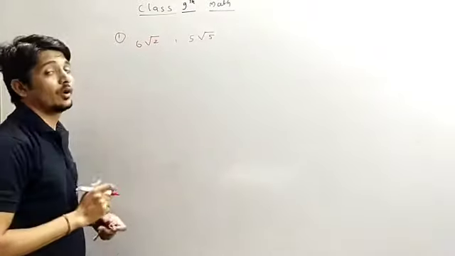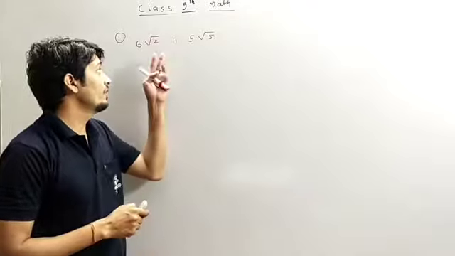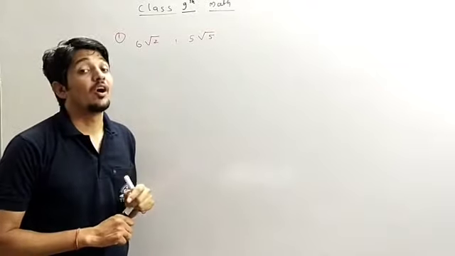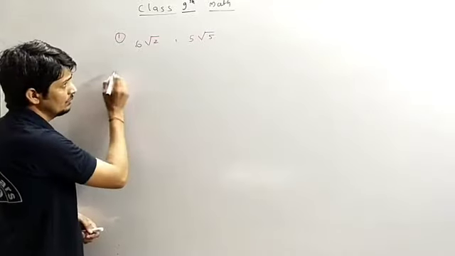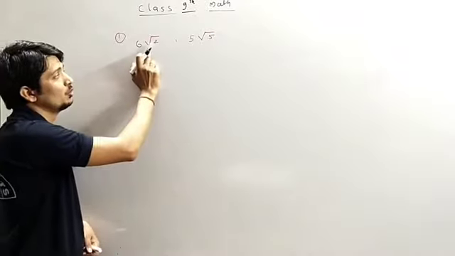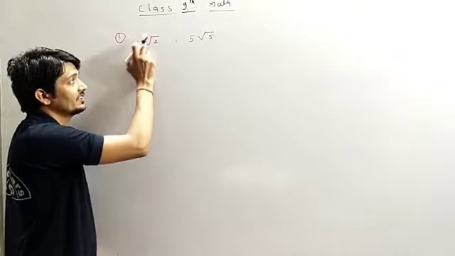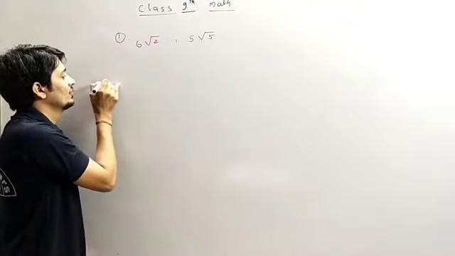This is the pair of surds and we have to evaluate which surd is greater or whether both surds are equal. See, this 6 is outside of the root, so we have to take this 6 inside and this 5 inside. So, solution.